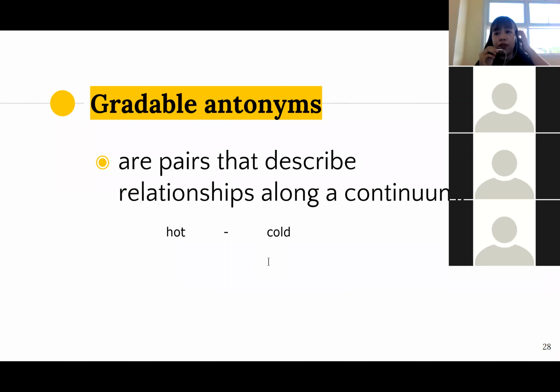This is an example of gradable antonyms because there is still a middle ground. For example, from cold you have lukewarm, then warm, and then hot. So there is something in the middle, like lukewarm water, then warm, then really hot. So it can be graded. There is a continuum. That is an example of gradable antonyms.